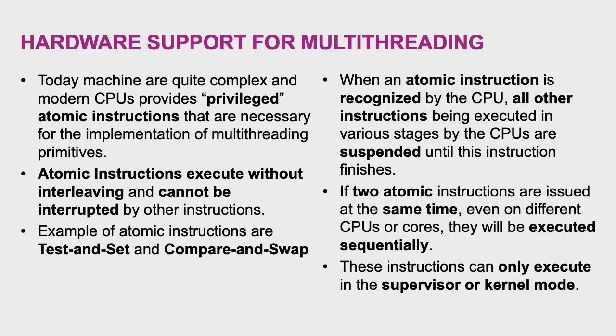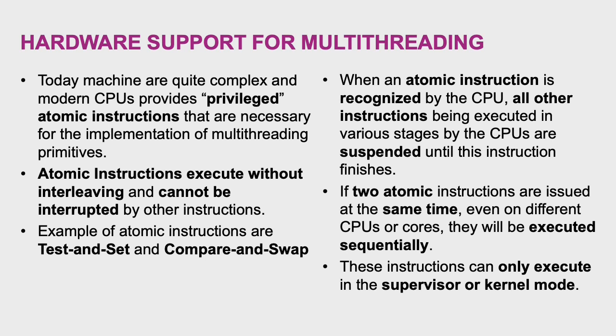When the CPU recognizes an atomic instruction, this atomic instruction will be the only instruction enabled to run on the CPU, and all other instructions are stopped. Also, interrupts are disabled. When this atomic instruction completes, all other instructions have to be reissued and refetched.